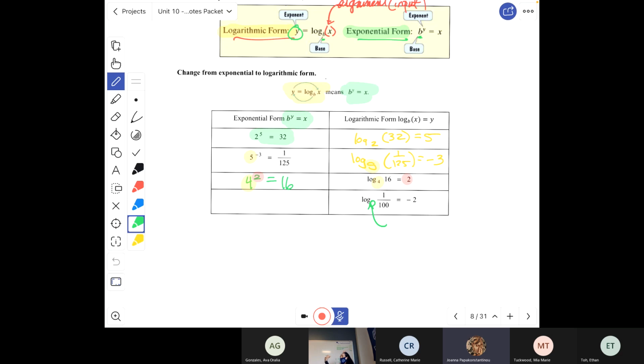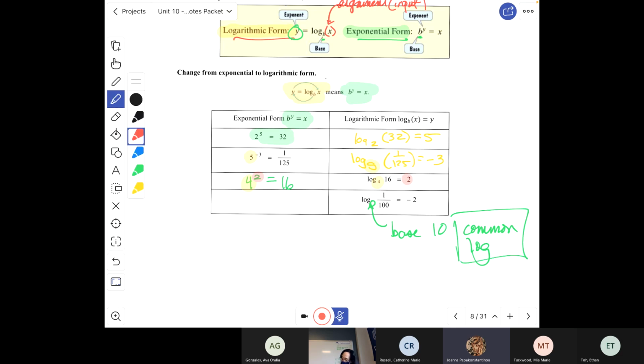If you have a logarithm that has no base represented, it is base 10. This is known as a common log. It is the log that, if you see that log button on your calculator, is base 10.